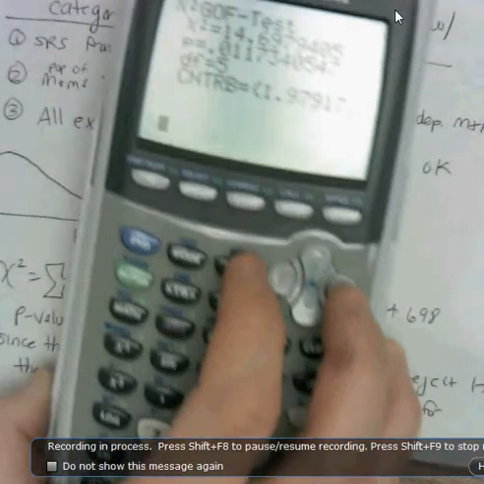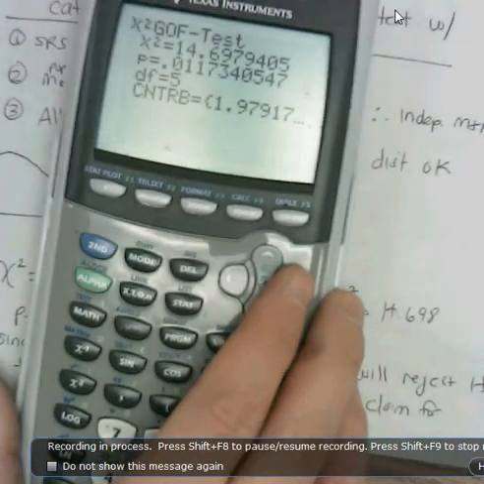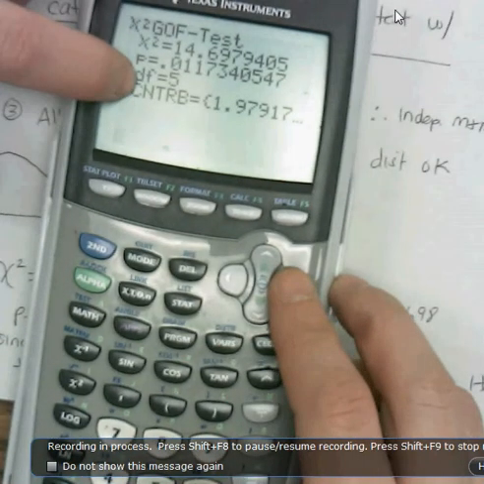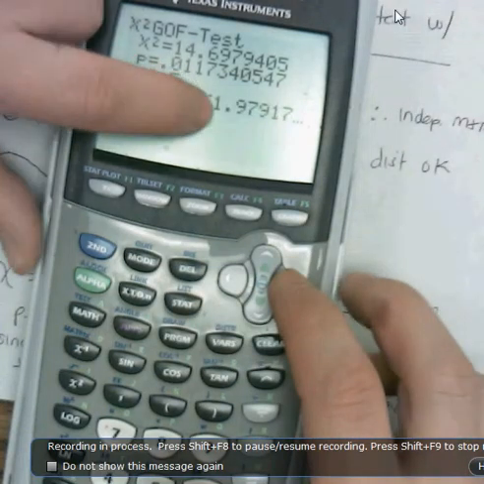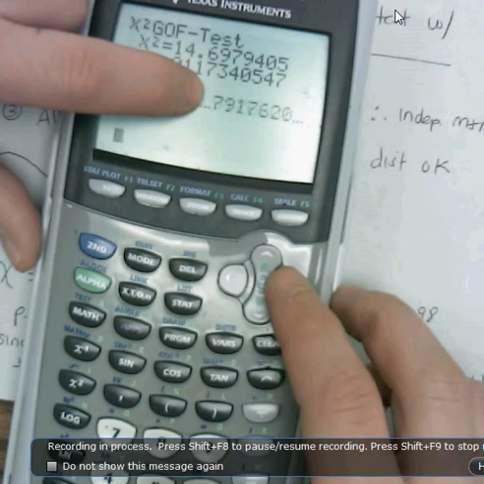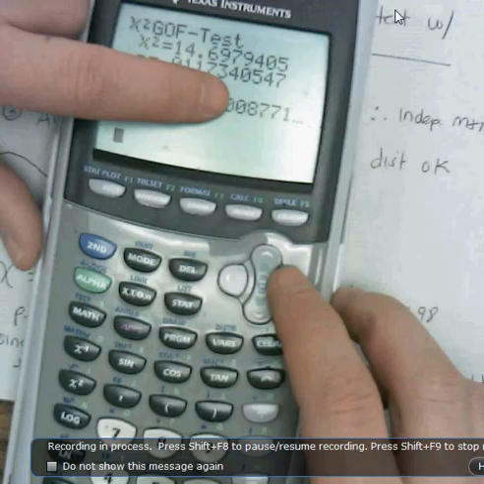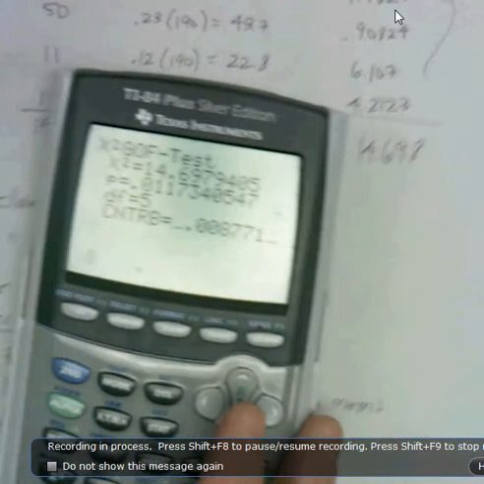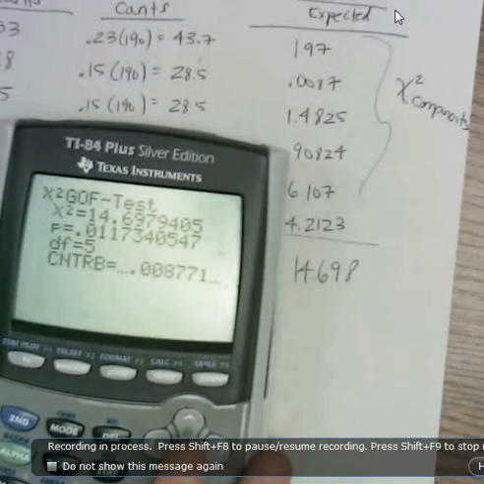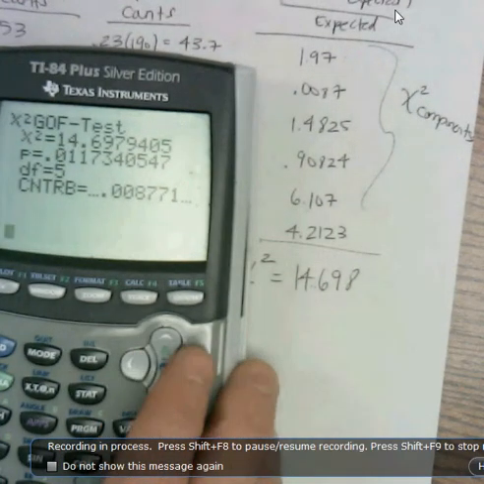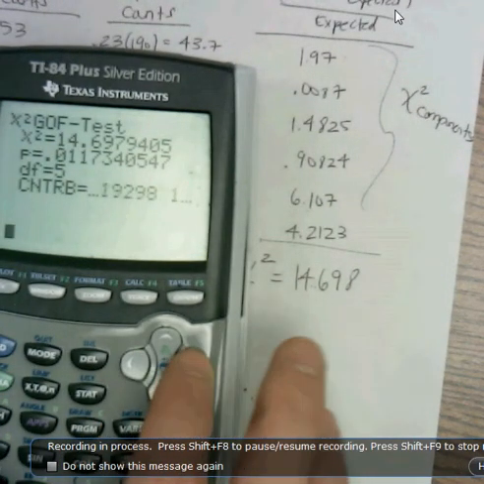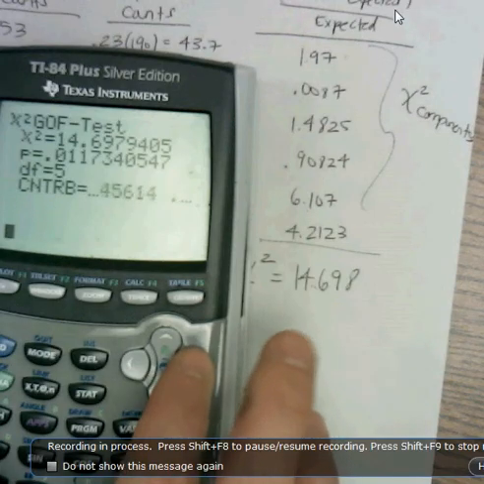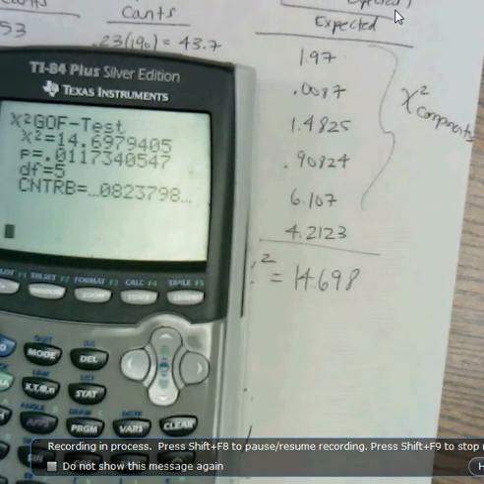Now, just so you know, also with the chi-square test, these are the components. If you arrow to the right, that's the chi-square component, observed minus expected squared. So these numbers, when I arrow to the right, are actually these numbers right here. There's the 0.0087, the 1.4825, 0.90, so you can see that.